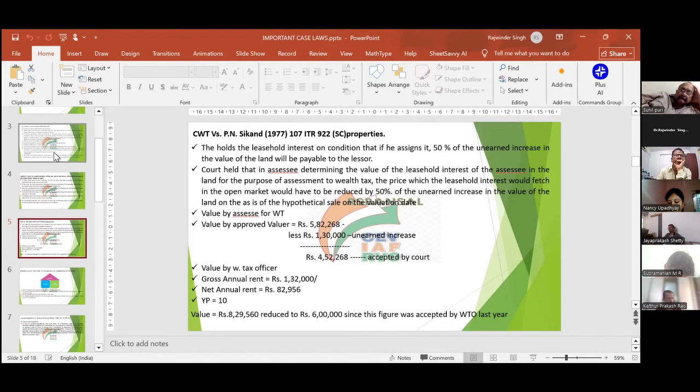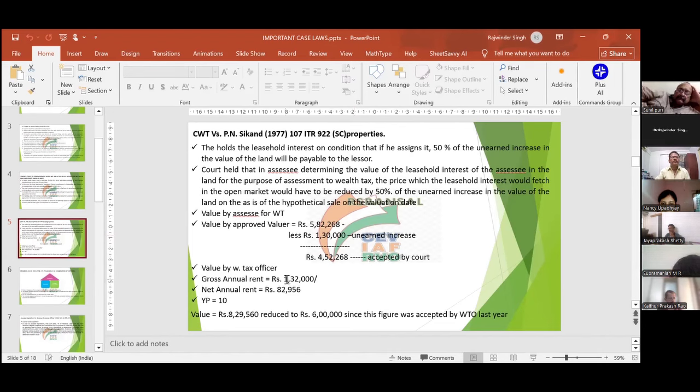For example, value was calculated by the approved value as 1,82,268, and unearned increase, we have done one question, what is unearned increase? And unearned increase was 1,30,000. So the court has accepted the value, 50% of the value is to be deducted.